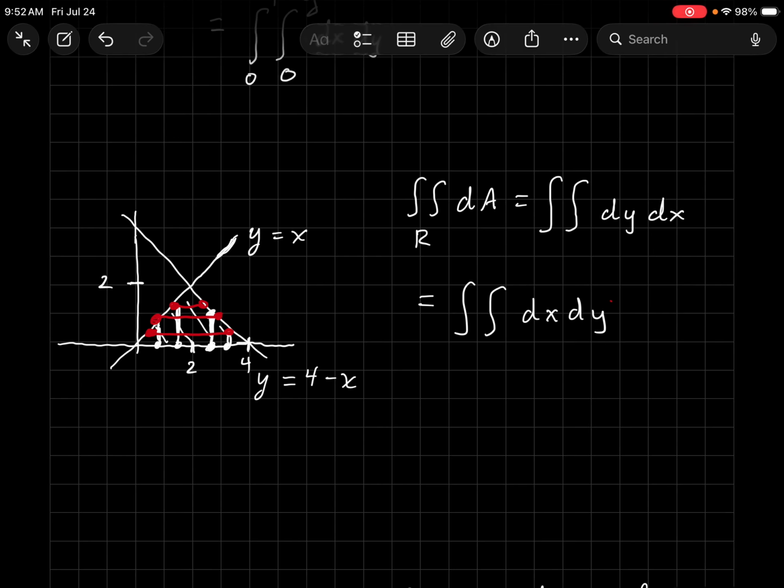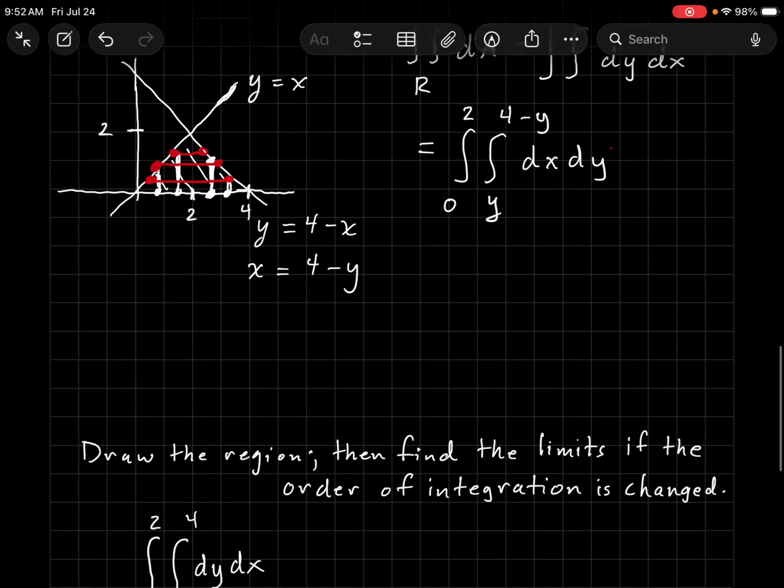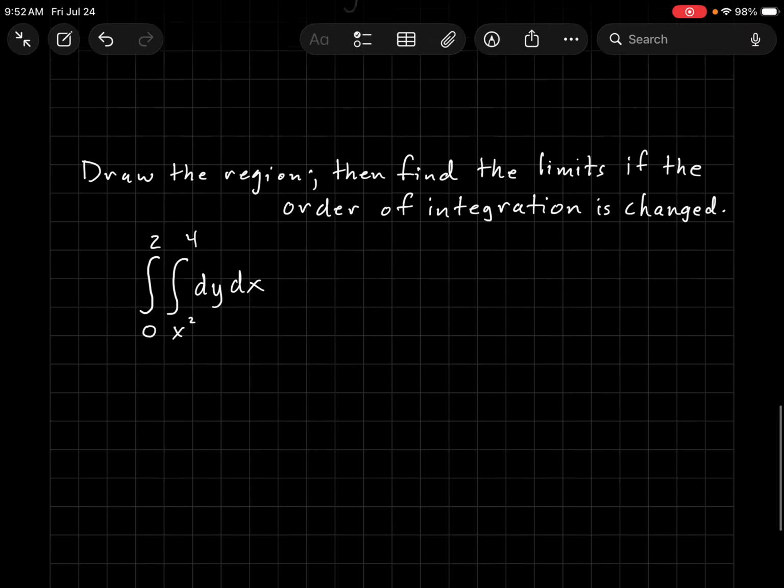Well, then I don't have to do two separate double integrals because I'm going from the first x, which is y, to the second x, which is 4 minus y. And then my y values are going from 0 to 2. So we're not evaluating these yet. I just want to set up some regions because that's the part that seems to trouble students the most.